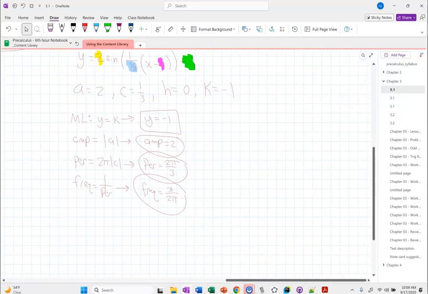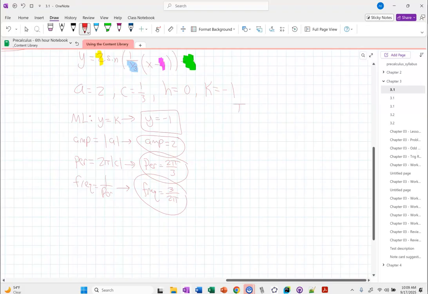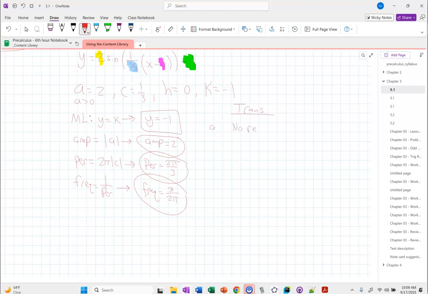Okay? And then if I want to do my transformation, the first thing I look for are any reflections in the vertical direction. Nope, right? Because A is greater than 0, so we have no reflection across the x-axis.